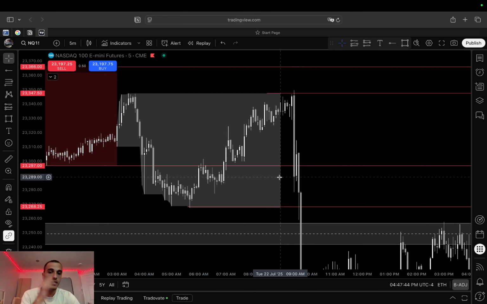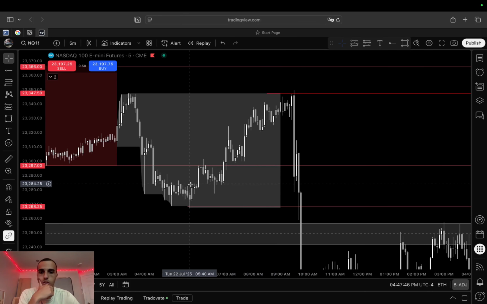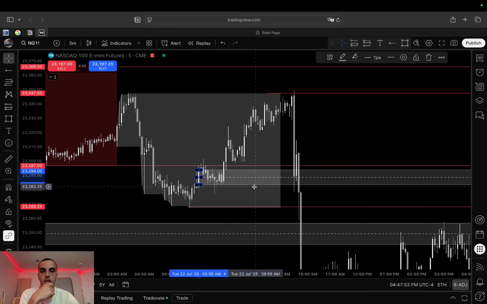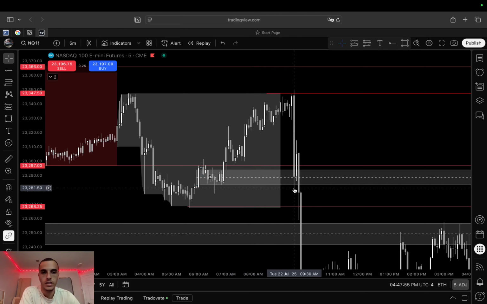So the mistake that I did was I was like, wait a minute, we have a gap on the 5-minute right there, and I don't even know why I marked it, but I think the reason is because at 9:30 right there we did a small rejection, and at this time I was like, oh okay, so this is the trade, right? But like I said, I was just dumb because I already marked the higher time frame fair value gap, which is this one. And I know that I'm looking for shorts, right?